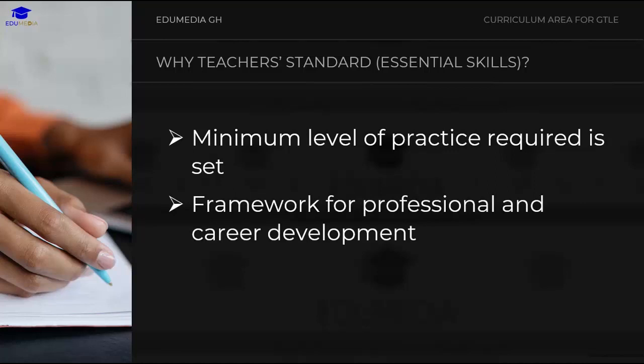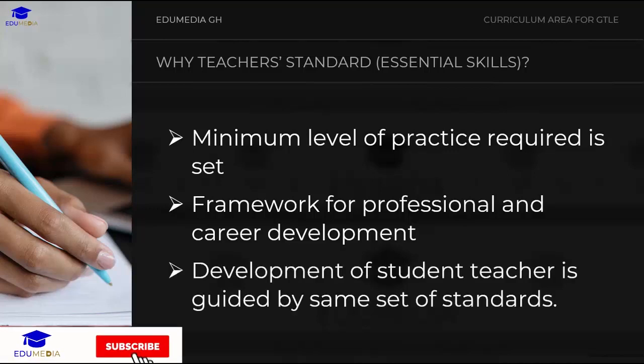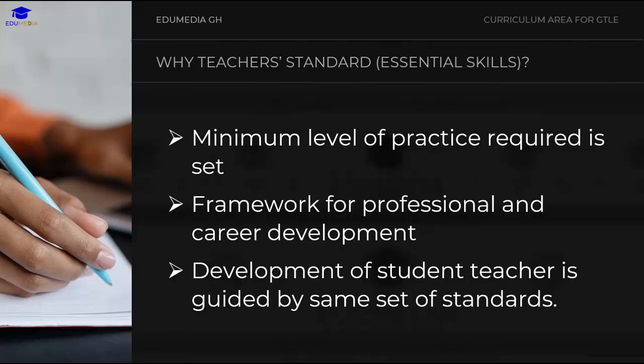They also provide a framework for future professional and career development for all teachers. The standards should be seen as one common core set of standards that apply to all teachers at all levels. Hence, they ensure that the development of student teachers is guided by the same set of standards.